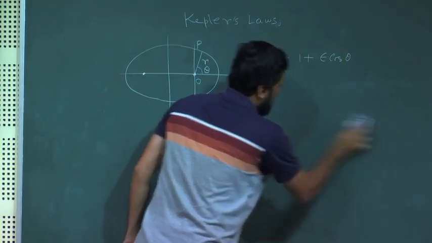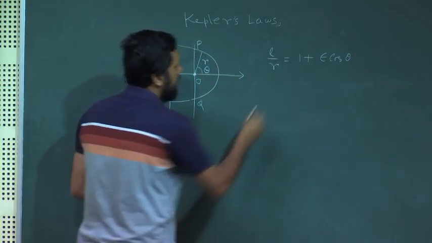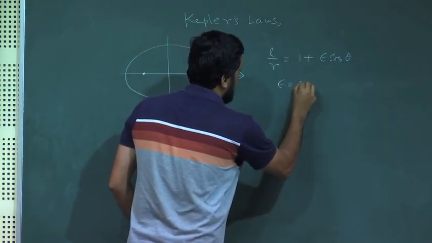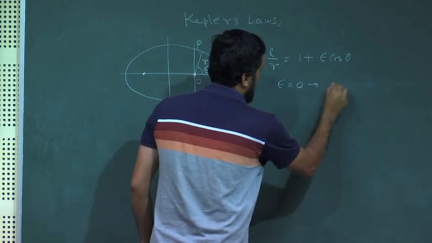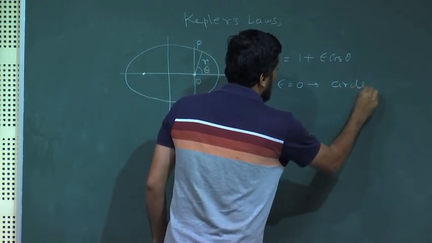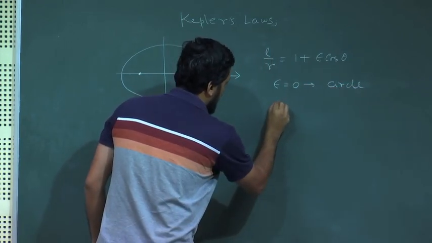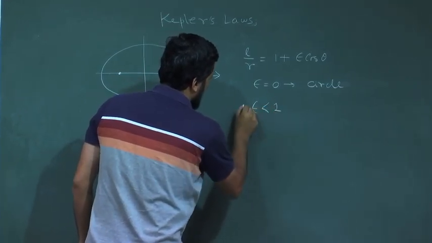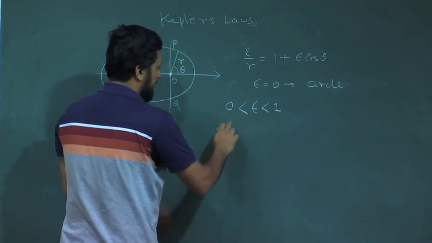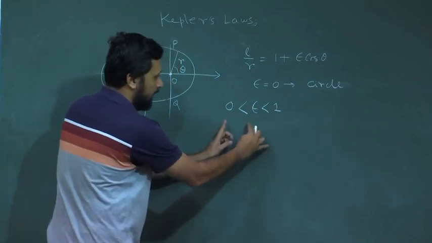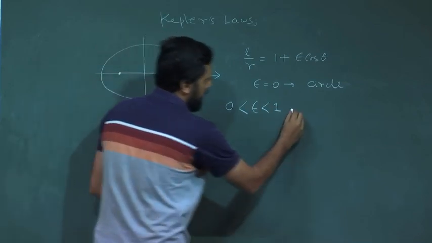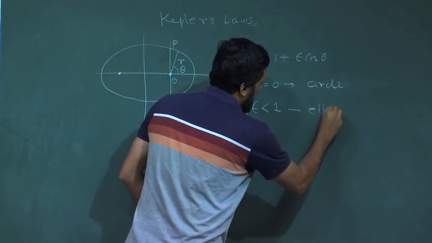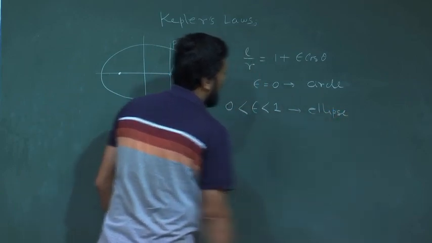We can show that for epsilon equal to 0, we get a circle. For epsilon less than 1 and greater than 0, that means if epsilon lies between 0 and 1, we get an ellipse.